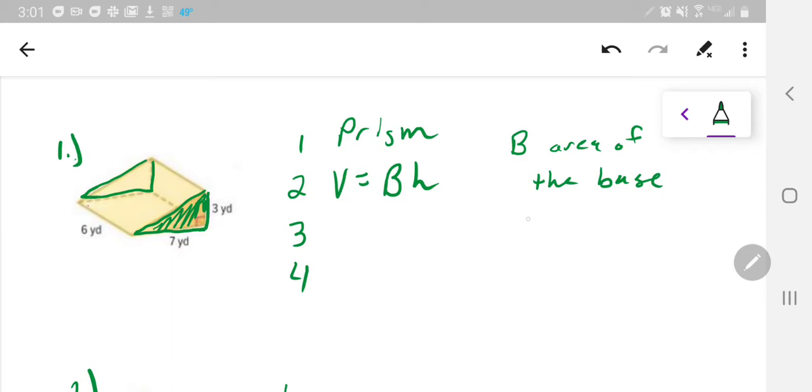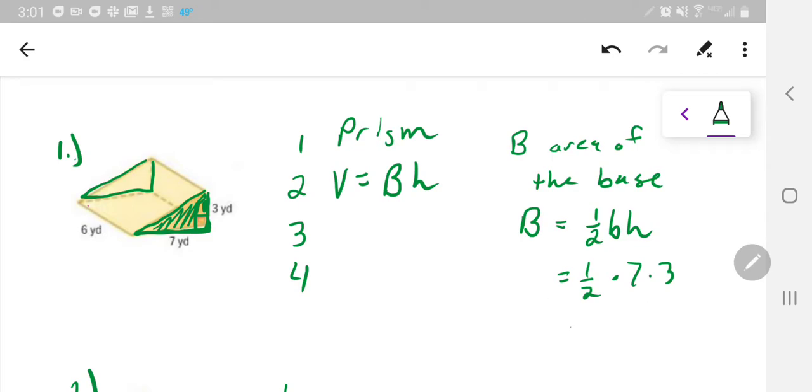So to find big B, we're going to find the area of a triangle, which, check your reference sheet if you don't remember, is 1/2 base times height. So now we're going to calculate that. The base and height of the triangle meet at a right angle right there. So that's 7 times 3.